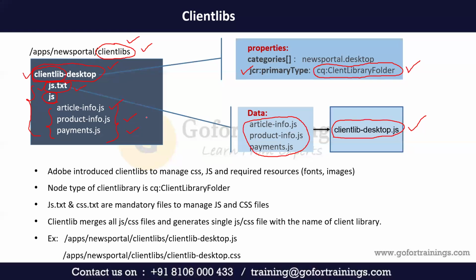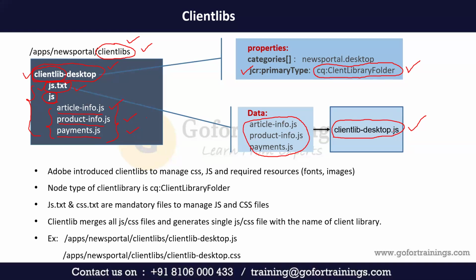The advantage of this approach is that it reduces the number of requests for JavaScript and CSS. If you don't have the client library, we have to include article-info.js, product-info.js, and payments.js in the HTML markup. Now we don't need to include three different JavaScript files.